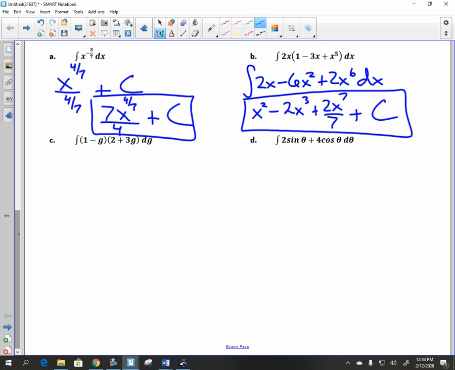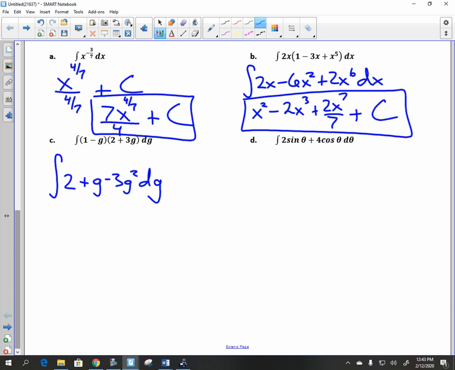How about letter C? What should we do? Yep, and I get 2 minus or plus, see, I have a negative 2g and a positive 3g. That makes plus g, then minus 3g squared dg.